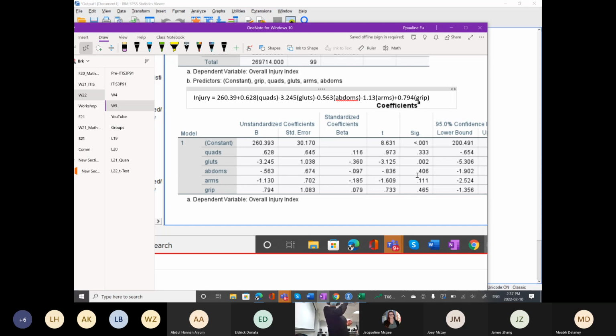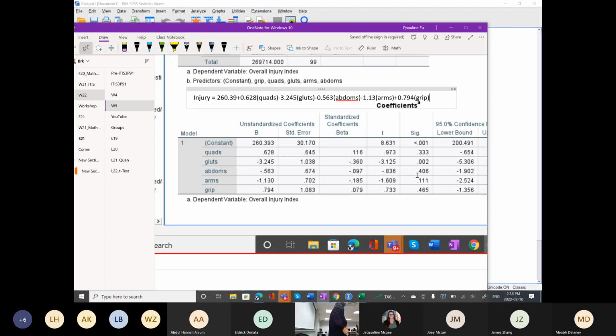When you delete one variable, quads, you have 4 variables. You rerun those 4 variables, and then the p-values will change. Then you delete one that is not significant, and you have 3 variables. Is that clear? Until all variables left are significant.